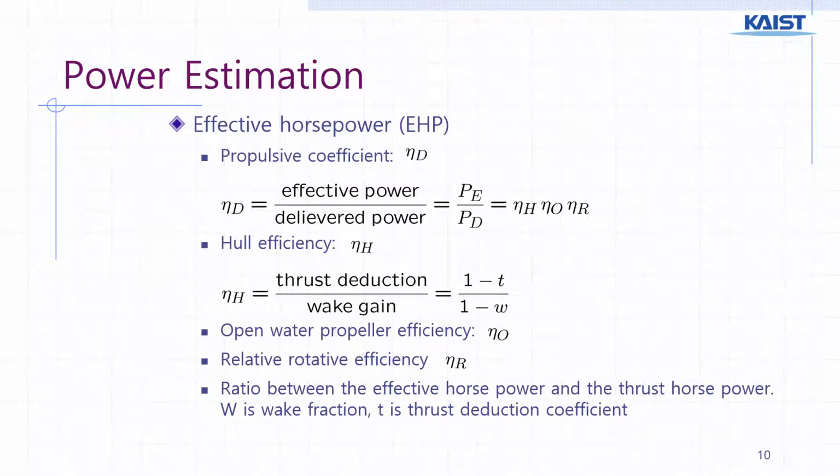The propeller is designed and tested in open water without any ship, not behind the ship, so we call this open water propeller efficiency. And relative rotative efficiency is more complicated; there is an explanation behind it. The ratio between the effective horsepower and the thrust horsepower is the propulsive efficiency. And W is the wake fraction, wake gain, and thrust deduction. There's another coefficient.